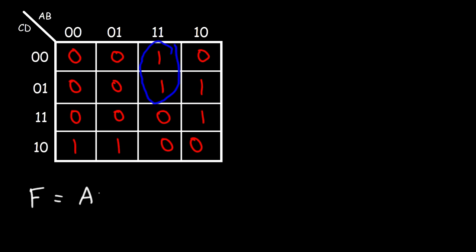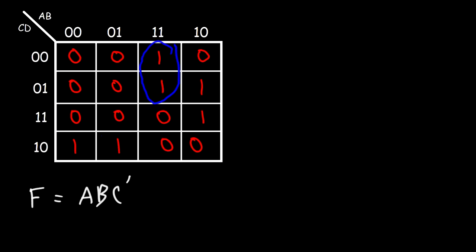So we have A and B. And for that selection, notice that C is always 0, but D changes. So it depends on C, but not D. So we have A, B, and since C is 0, we're going to have C prime.